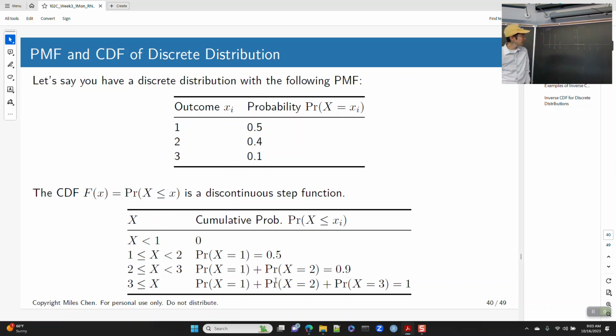And then at 1, it jumps up to 0.5, right? And then we ask, what is the value at, say, 1.5? Is it 0.5 or 0.9?